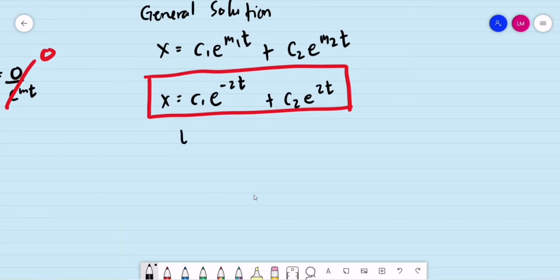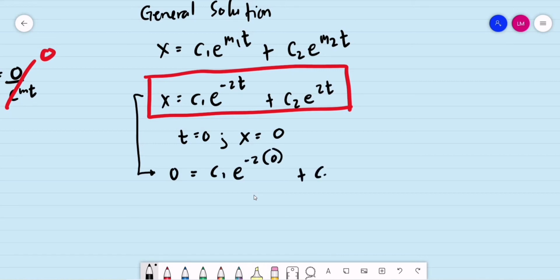At time is equal to 0, we have the value of x is also equal to 0. So substituting, the value of x is 0 equal to c1 e raised to negative 2 times 0 plus c sub 2 e raised to positive 2 times t is also equal to 0.